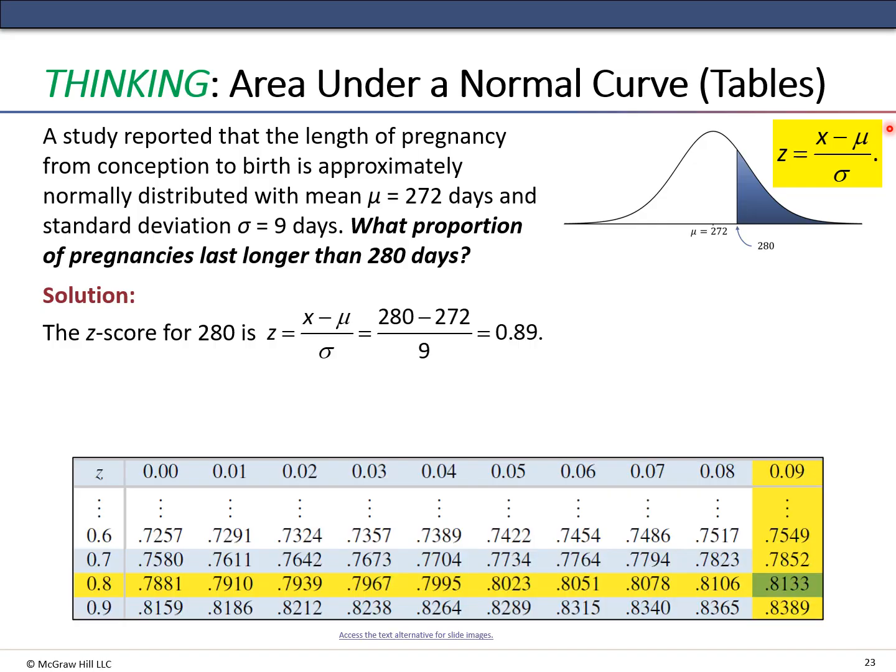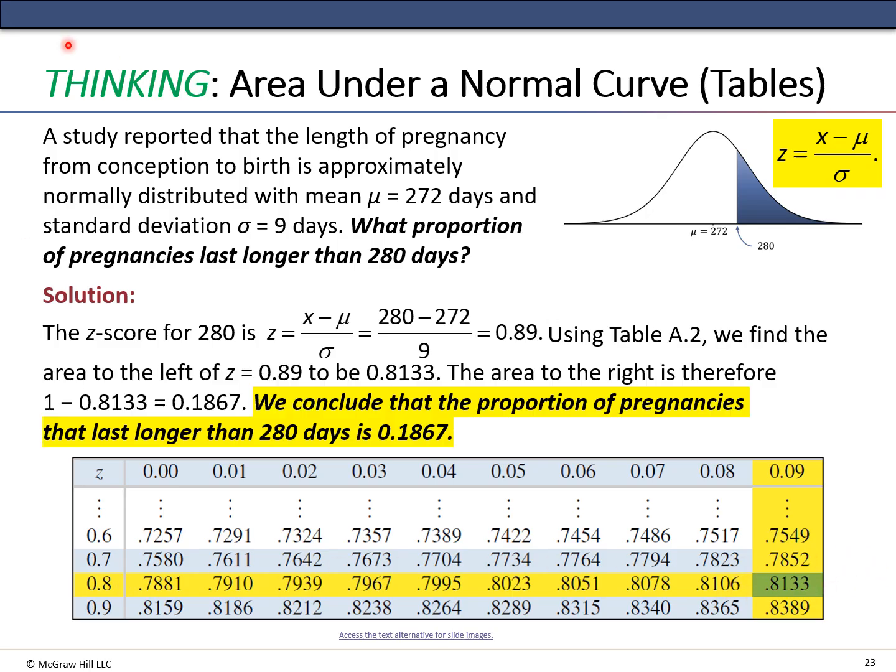We then go to our table. We're looking for 0.8 positive. Then we go over to 0.09. And we see the area is 0.8133. So we conclude that the proportion of pregnancies that last longer than 280 days is 0.1867.